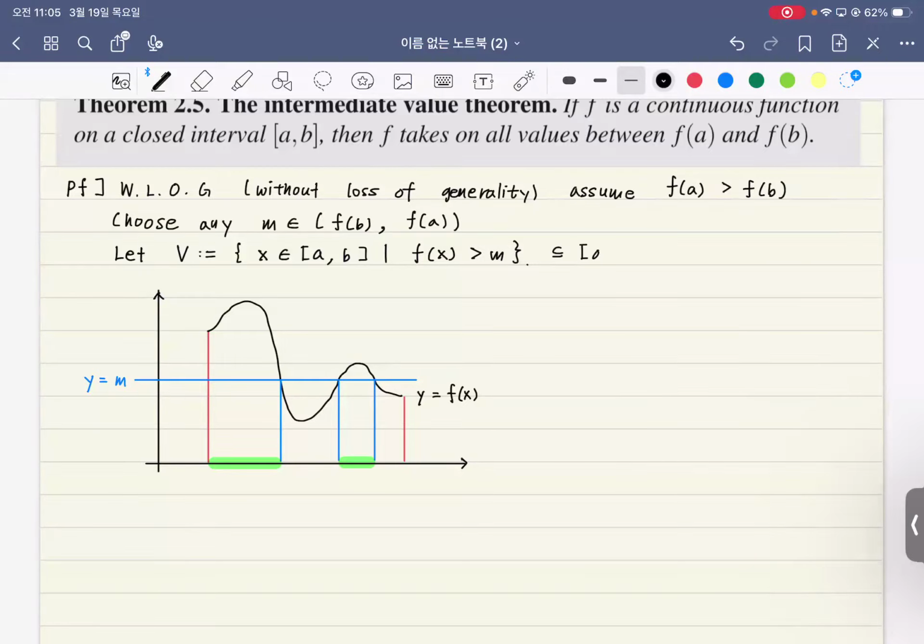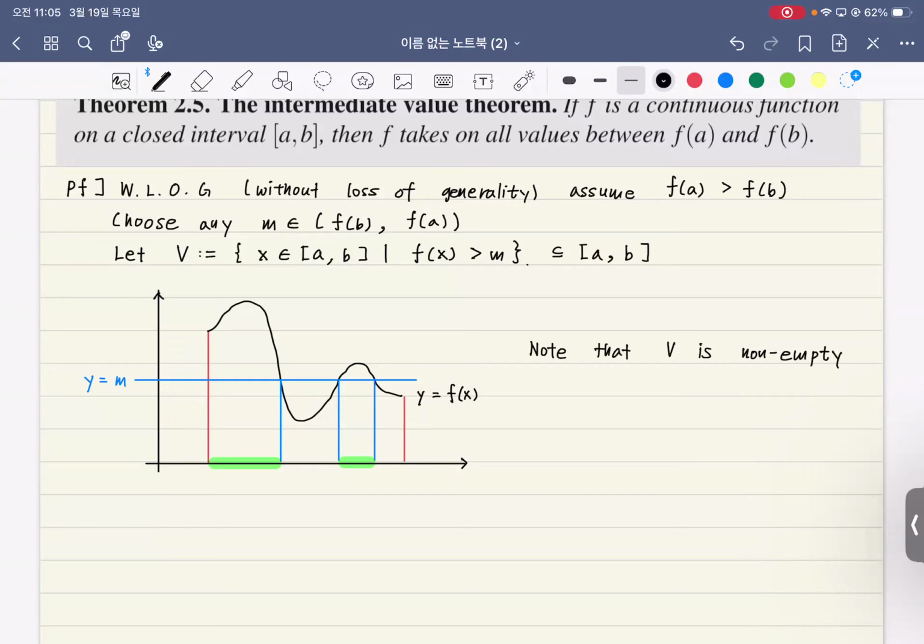Well, obviously, this set V is a subset of [a, b], which is closed and bounded. Also, you have to note that this set V is always non-empty.